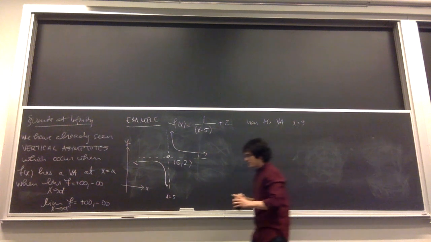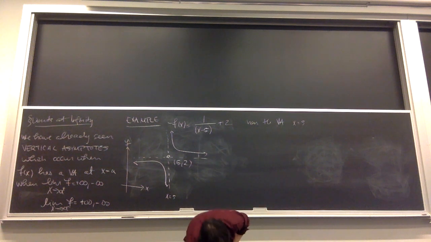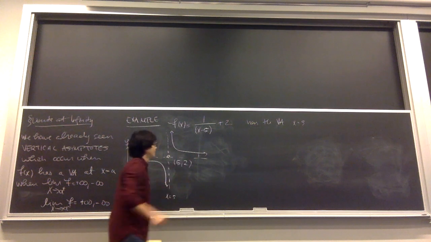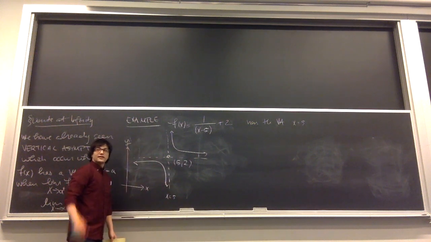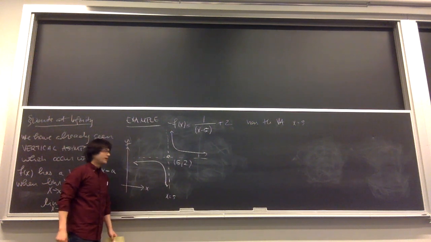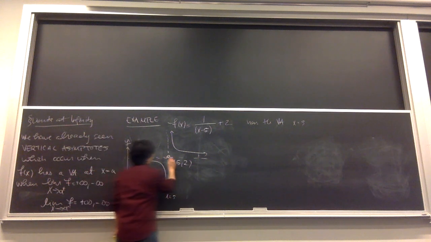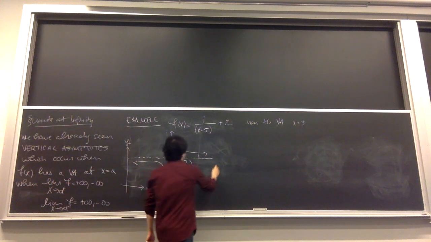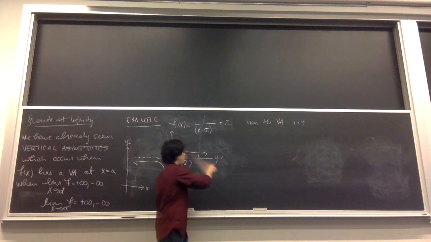But notice, it also has another asymptote. Which one's that? Yeah, you got this guy right here, and this guy is actually going to be the line y equals 2.